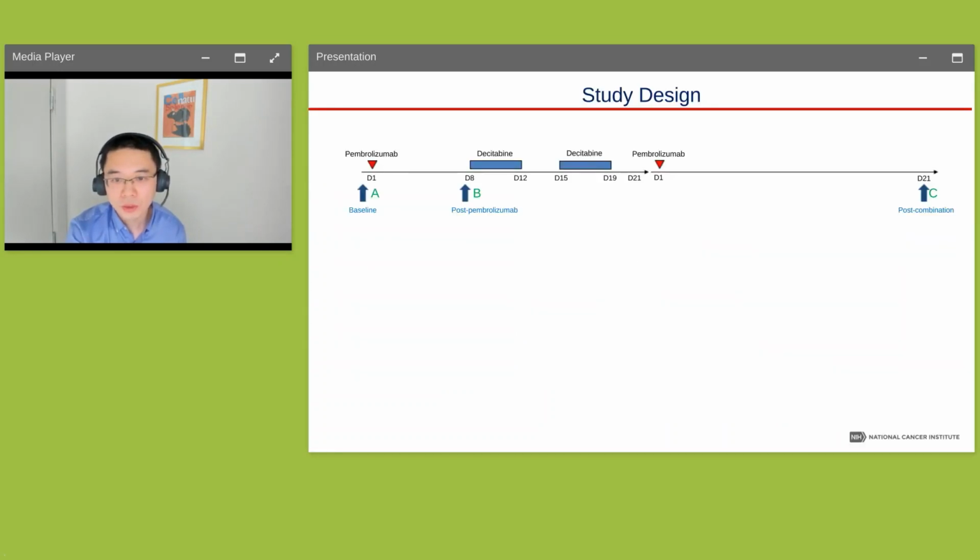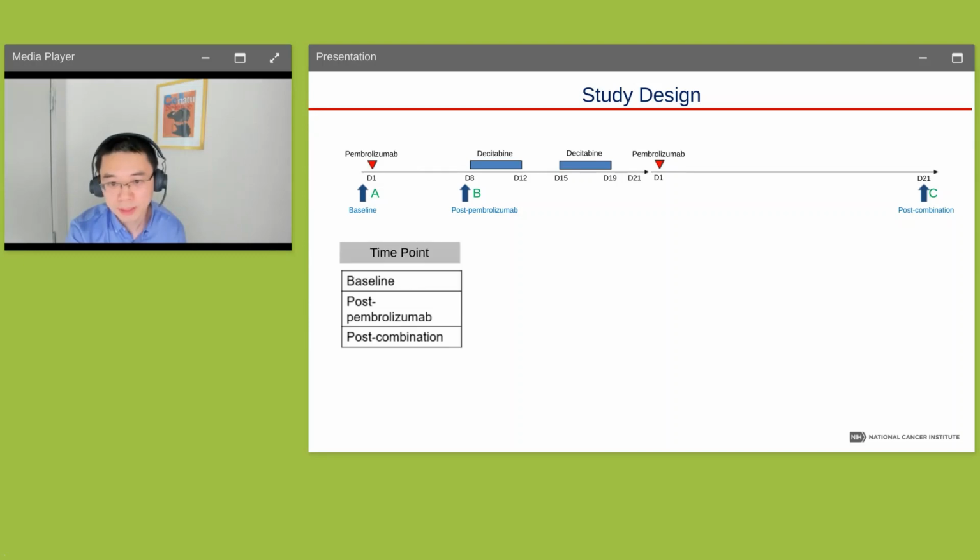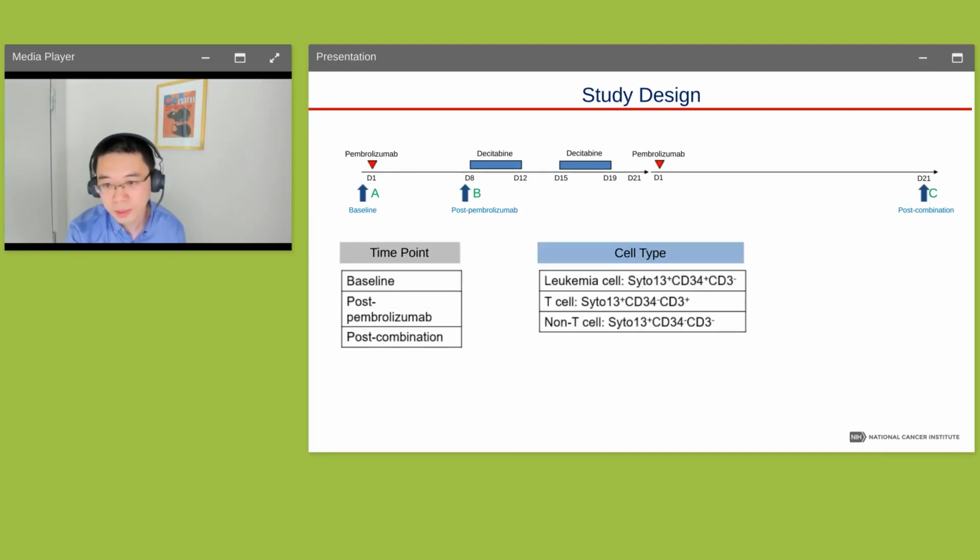So in general, this is our study design. We have the baseline, post-pembro, and post-decitabine. We have 3 time points, and we identify the cell types based on the surface marker expression. Leukemia cells are positive for Cyto13, positive for CD34, but negative for CD3.